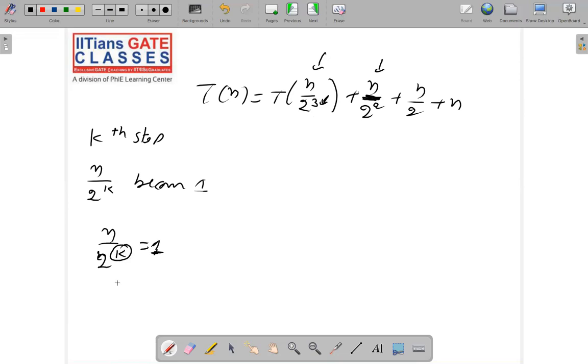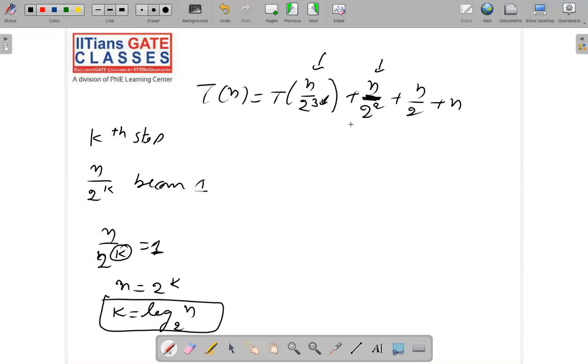So what is the value of k? n equal to 2 raised to power k. Let's take log on both sides, log base 2. So k equal to log base 2 n. We need to iterate this step log n times, log base 2 n times.